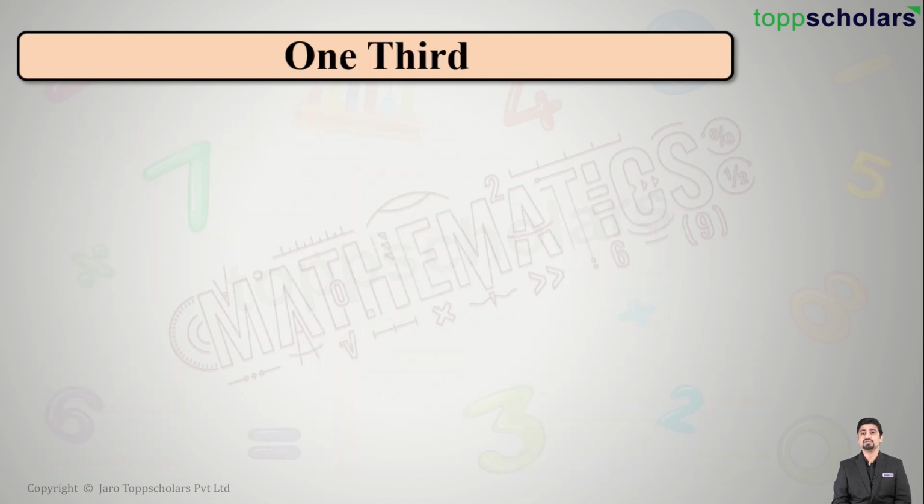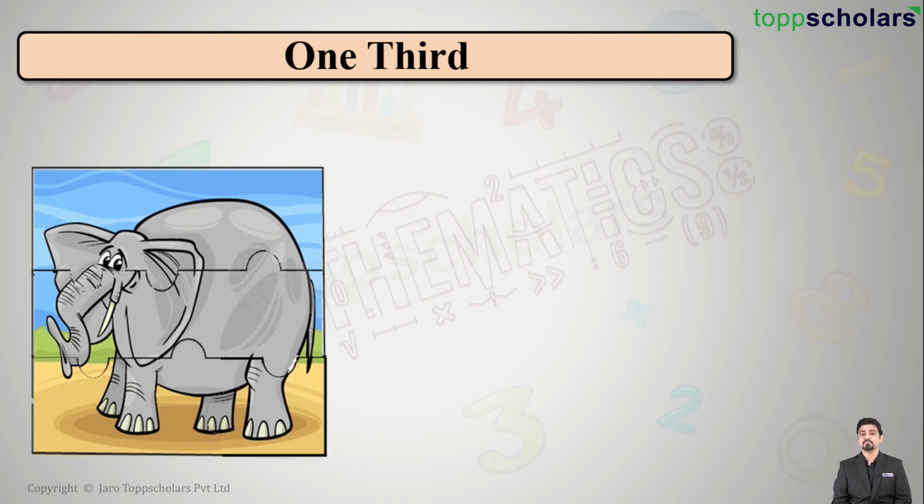Now we are going to see 1/3. I have a beautiful picture of an elephant. Observe the picture carefully, students. It is actually a puzzle made up of how many parts? The puzzle is made up of 3 parts.